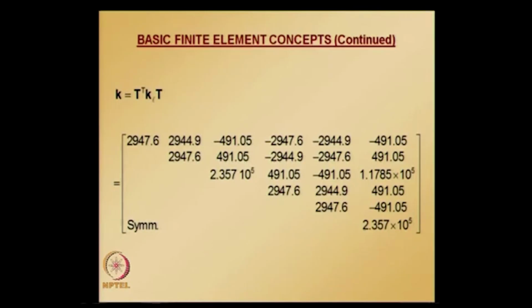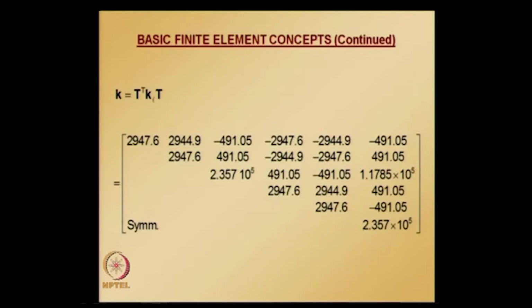So frame element 1 is connecting nodes 1 and 2, so the contribution goes into the 1, 2, 3, 4, 5, 6 rows and columns of the global equation system, and element 2 is connecting nodes 2 and 3, so the contribution goes into 4, 5, 6, 7, 8, 9 rows and columns.